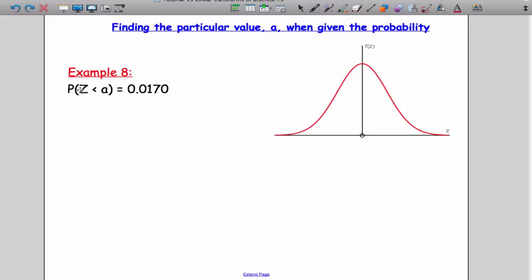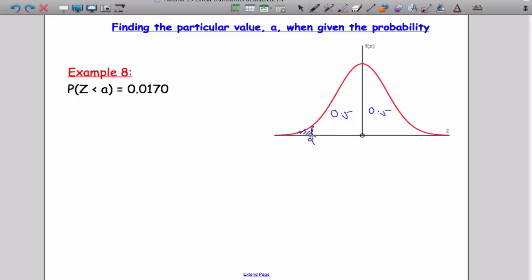So, example 8, what about the probability that Z is less than A equals 0.0170? So, I'm told that the probability here is less than 1%. Now, I know that the bottom half represents 50% or 0.5 of the total probability, and this represents 0.5 of the total probability. Well, the first 1 or 2% must be down here somewhere. So we're actually looking for a negative answer. My value A is going to be here.